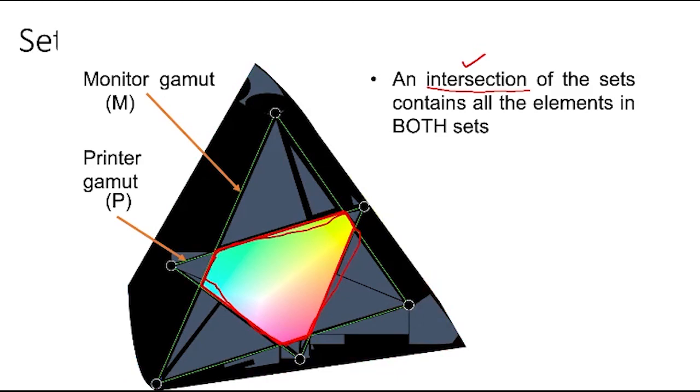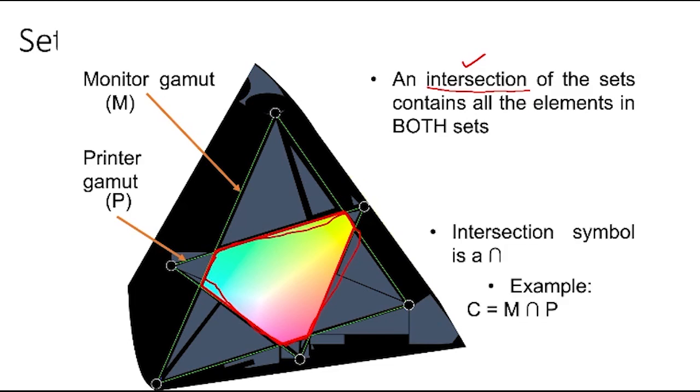The symbol for intersection is just the reverse of the union symbol. The reverse of U is known as intersection, and between M and P the intersection operation is applied. So you can write it in this way, but again, the graphical way we can understand better.